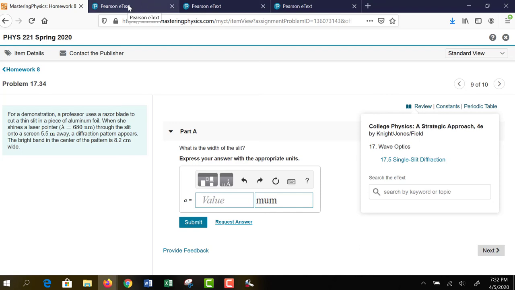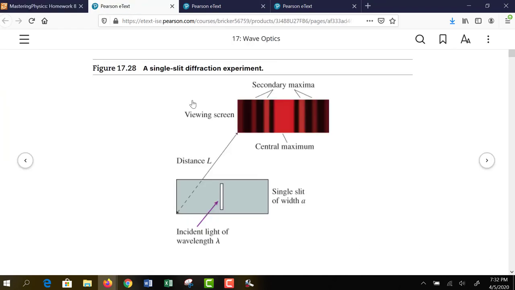So let's take a look at what the pattern actually looks like. If you have a single slit like this, you get a big central maximum and then individual bands spaced apart. A few things are the same, but a few things are different. In reference to a double slit, this picture is different.